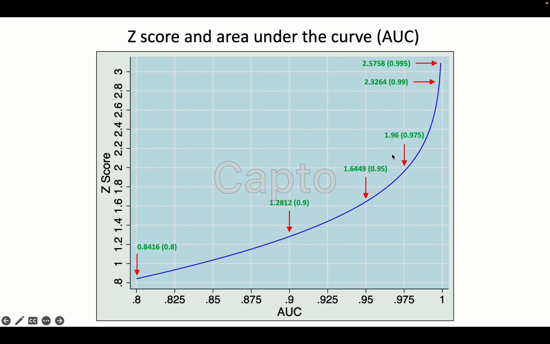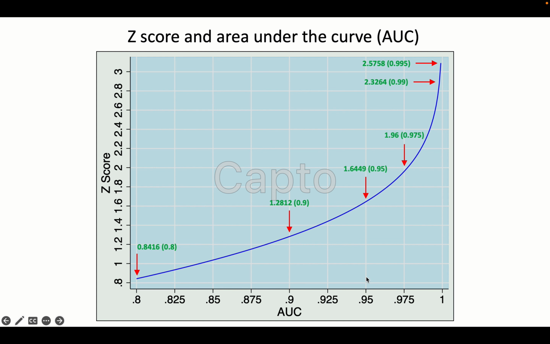And then I think it's good to get used to these numbers, especially for these cutoffs, because here for an area under the curve of 80%, you have a Z-score of 0.8416. For 90%, you will have 1.28, which corresponds here to this intercept, right?